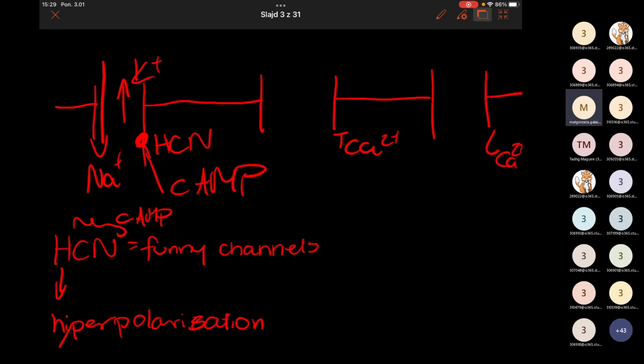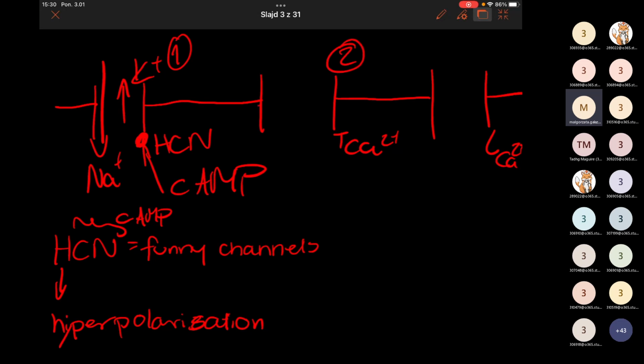The opening of the channel protein leads to sodium influx into the cell with reduced outflux of potassium ions from the cell. This influx leads to cell membrane depolarization, and the depolarization of cell membrane activates T-type calcium channels.